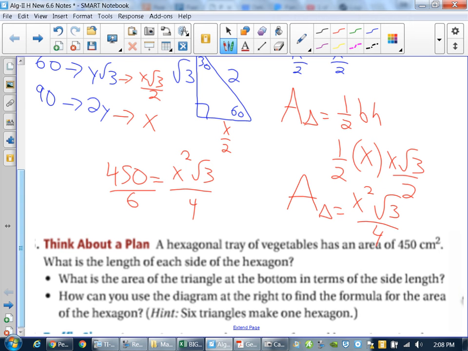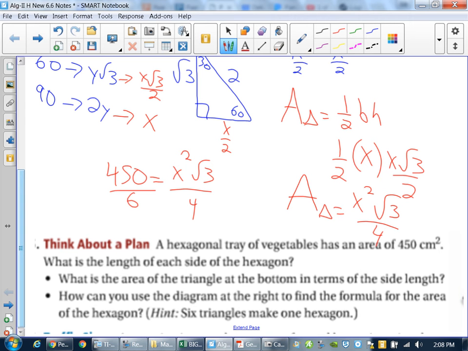That was the whole tray. So it's over 6 because there are 6 of those triangles. The 450 was the entire tray of veggies, the veggie platter, if you will. So 1/6 of the veggie platter would be 1/6 of 450.